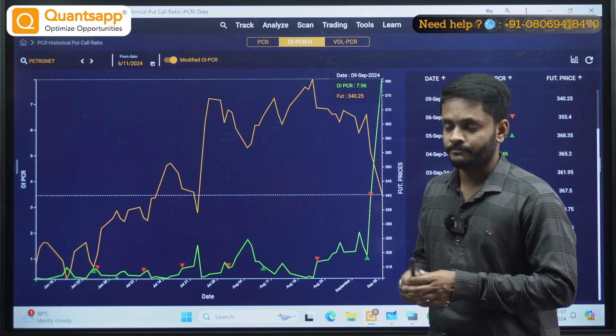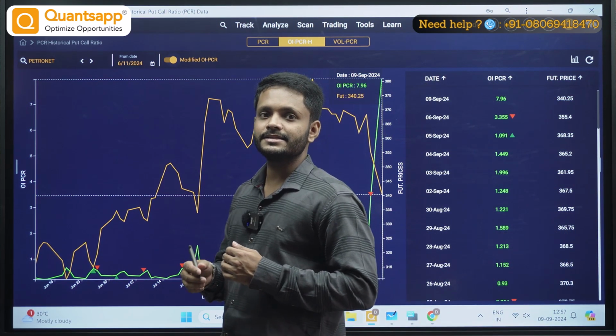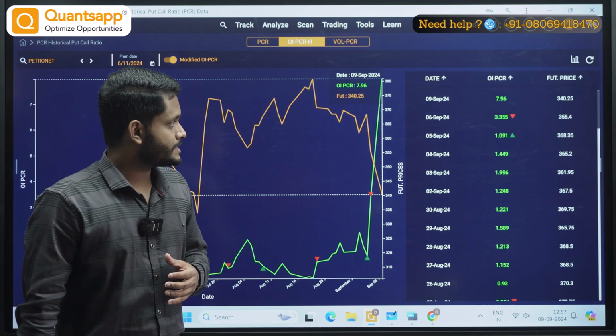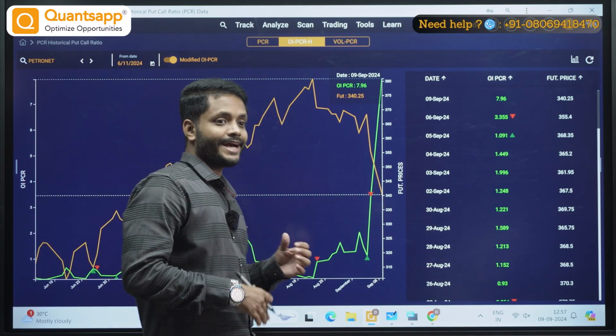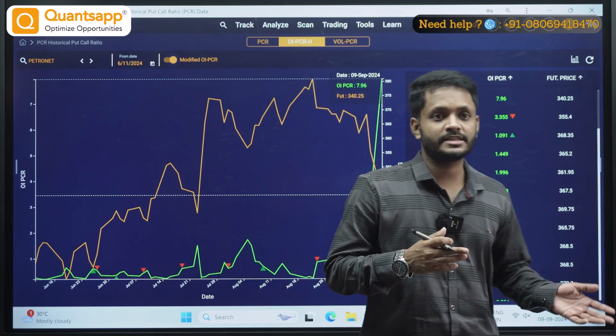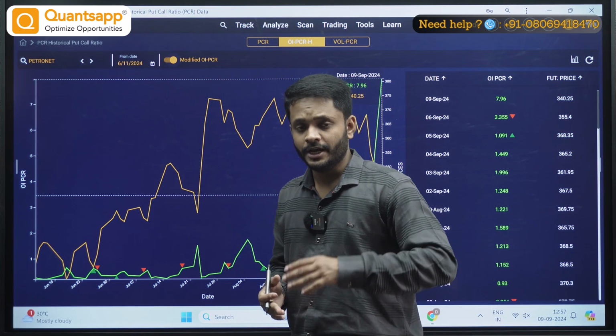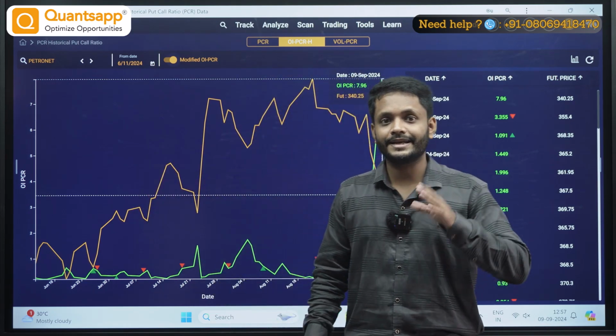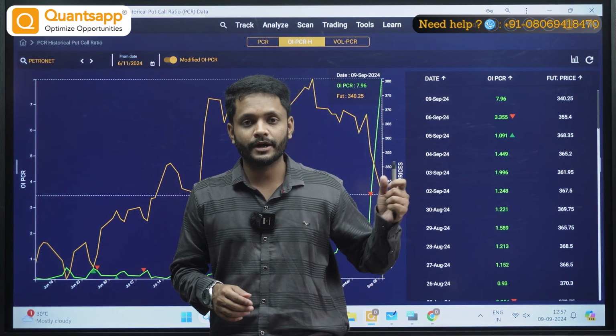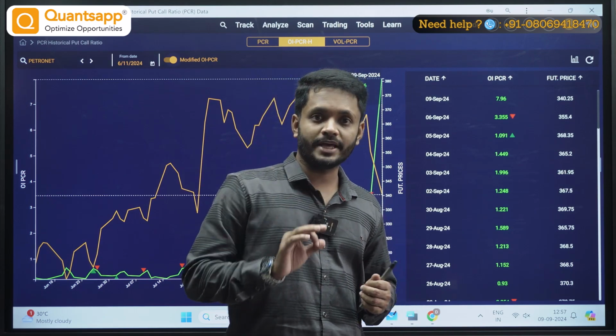Sometimes what happens? Modified PCR is a bit of an advanced concept. So at times, this gives me quite early signals, I would say. So say for example, on 6th of September, if you have received a put writer trap, you might receive the bearish signal on modified PCR 1 or 2 days prior.